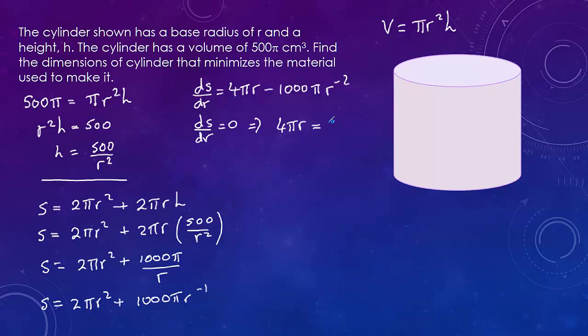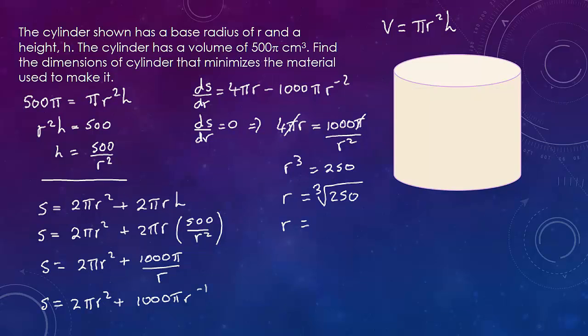And of course we could rearrange that to put that on this side like so. And then the pi's will cancel out. And if we bring that up here, we've got r cubed, and 1000 divided by 4 is 250. So r is going to be the cube root of 250.